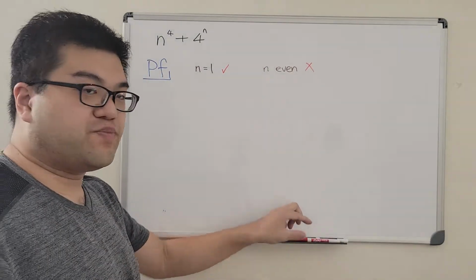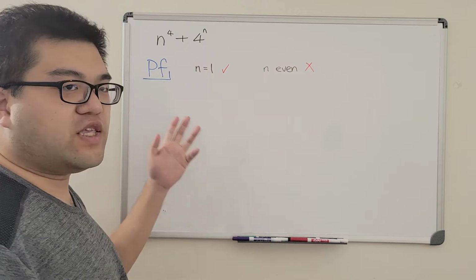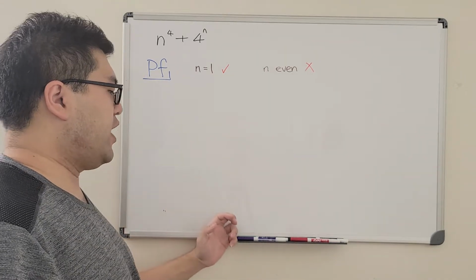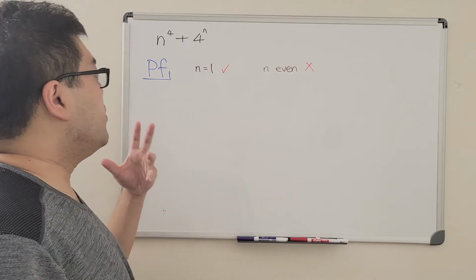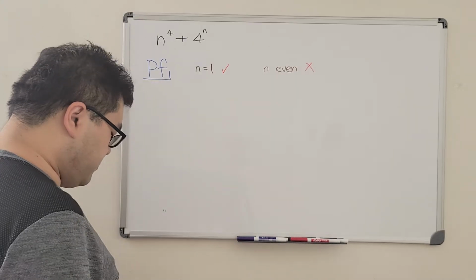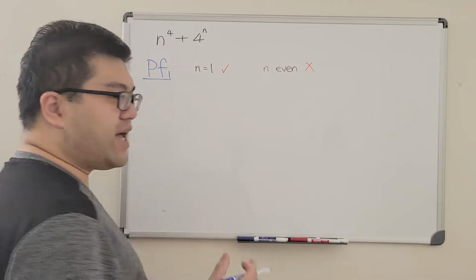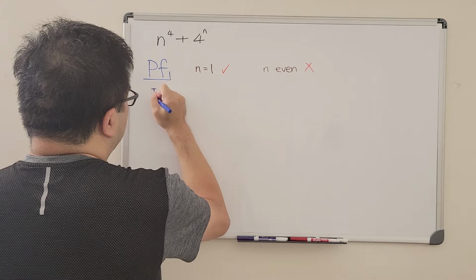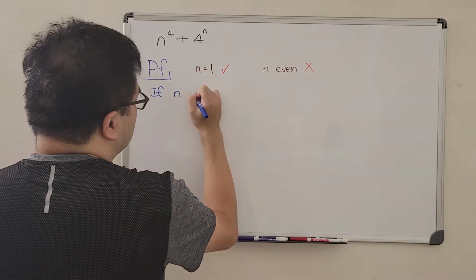So from the last board, we already found that n equals 1 is one of the solutions, and for n equals any even number, we get no solutions for our problem. So for our last case, we're now going to assume that n is odd.